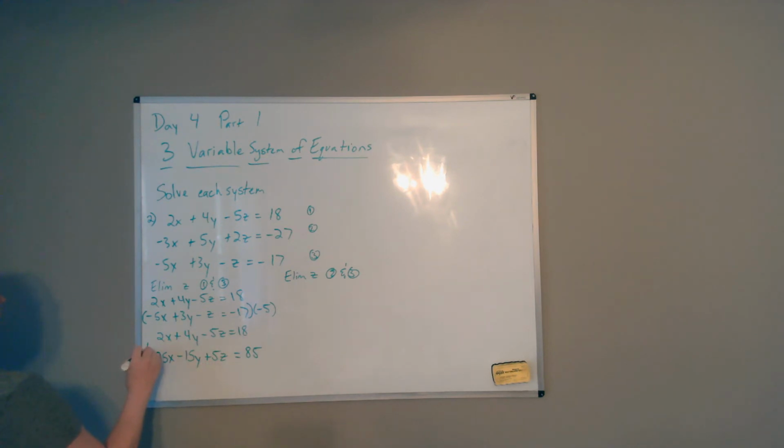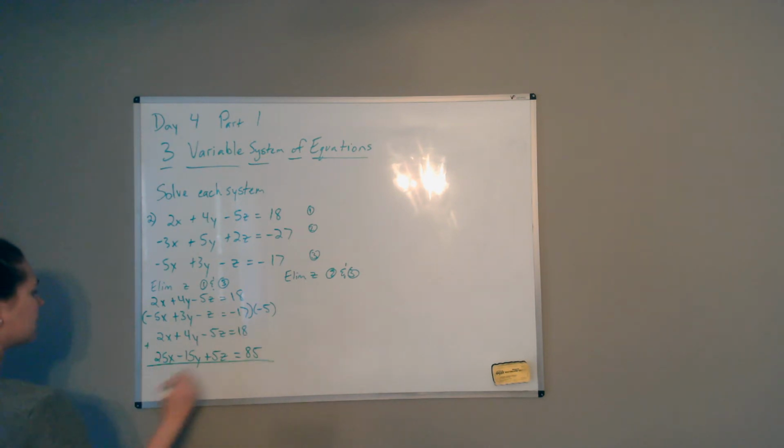Okay, we add these together, and that gives us 27x minus 11y, and the z's cancel, equal 18 plus 85. It's going to be 103. So we're going to hold on to this equation.